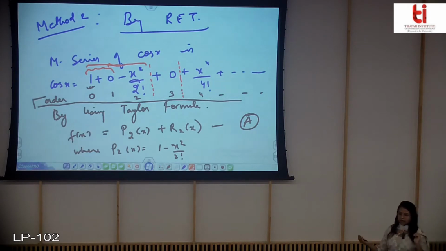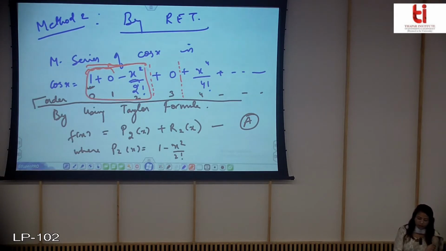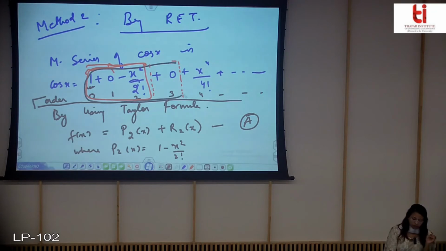So whenever this is the case, we will take the higher value of n, because if I consider the Taylor polynomial of order 2, it will be the same, and if I consider the Taylor polynomial of order 3, we will have the same polynomial.